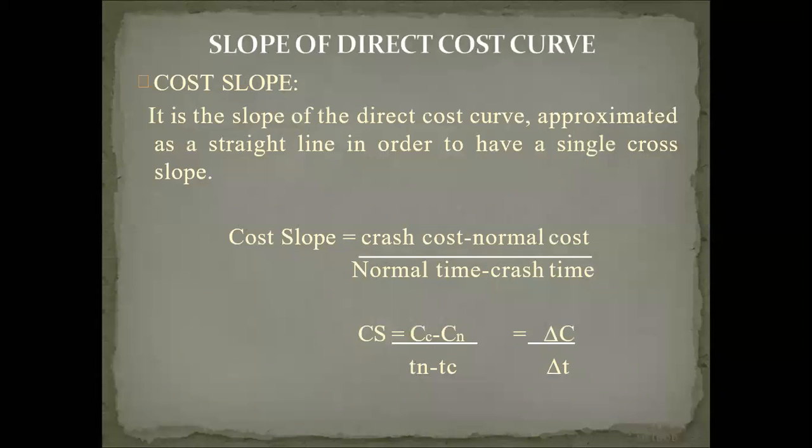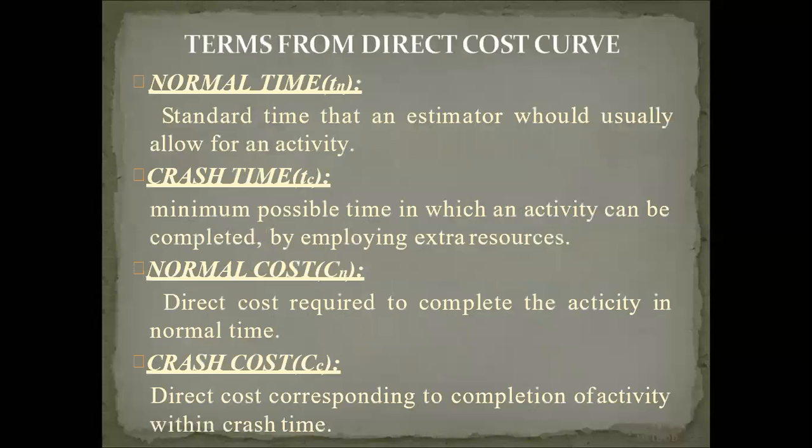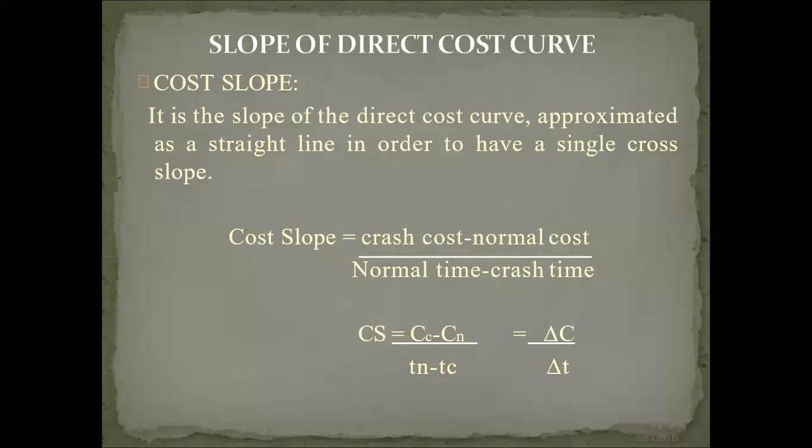These are the same terms, Tn, Tc, Cn, Cc, that we used in the previous slide, so cost slope is the change in cost to the change in time.